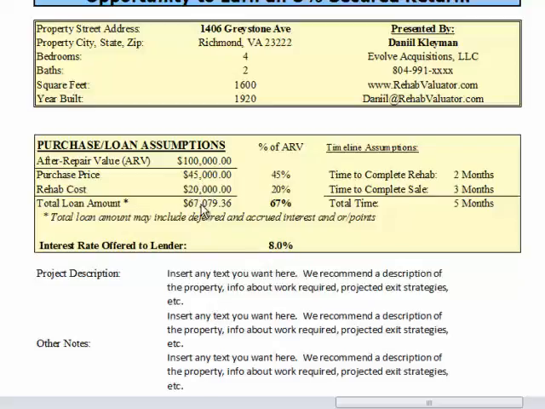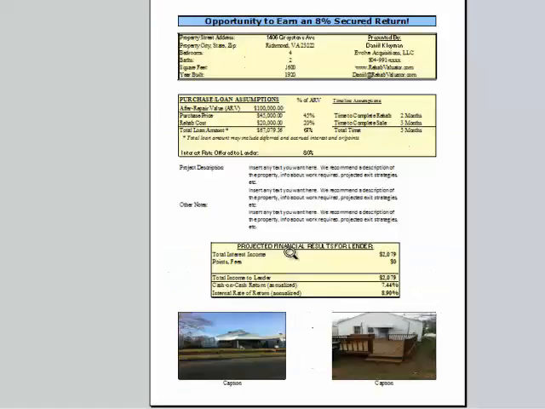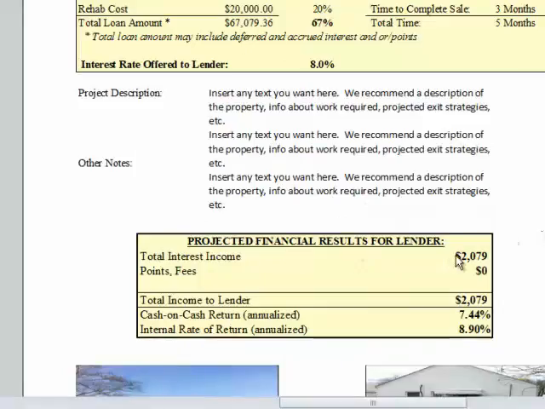So you're showing your private lender immediately, look, I'm only looking to borrow 60%, 67% of the value of the property after I renovate it. It's a very low loan to value by conventional lending standards. It's going to take me 5 months to repay you, and I'm offering you an 8% rate of return. And here is the actual amount of money that your private lender will make over the course of 5 months, and their annualized rate of return.